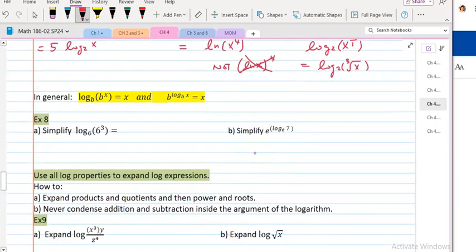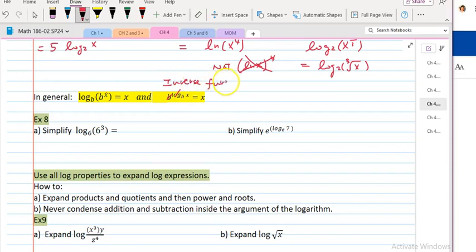Also, I want to mention this in general. If I have log base b of b to the x, we can think of it as moving the x out, and then log base b of b is 1. So this is the reason why log base b of b to the x is x. If you're evaluating something, if you have b to the log base b of x, it is also equal to x. Why does it work? Because of the inverse function.